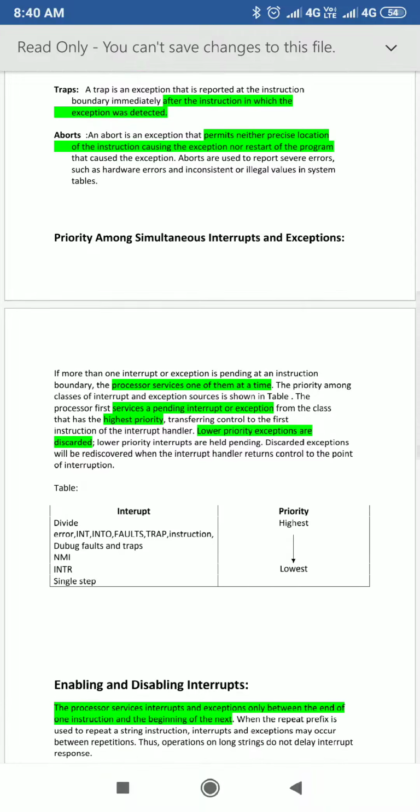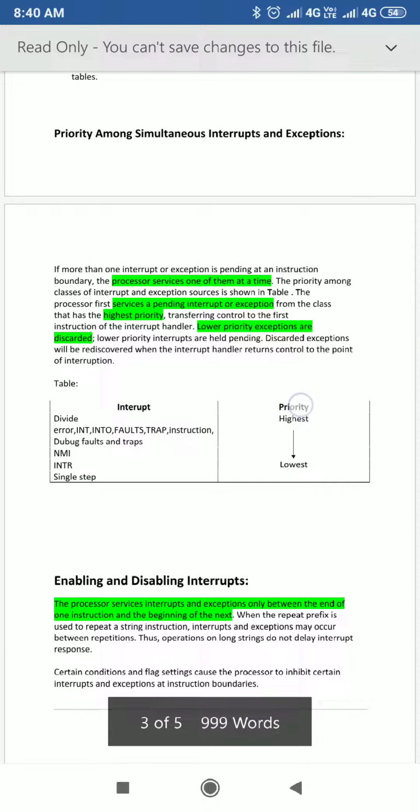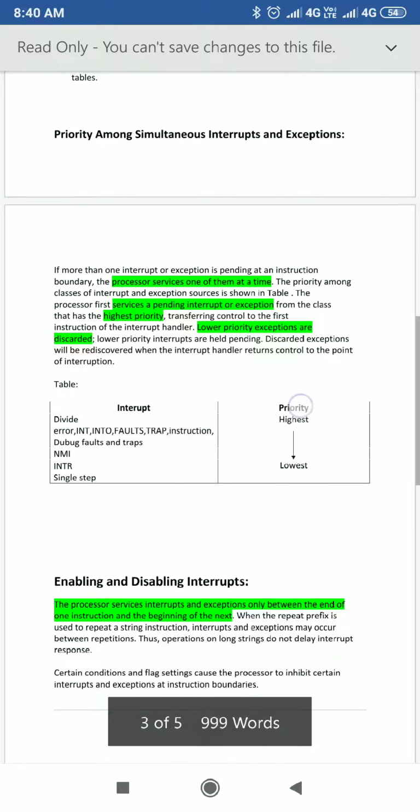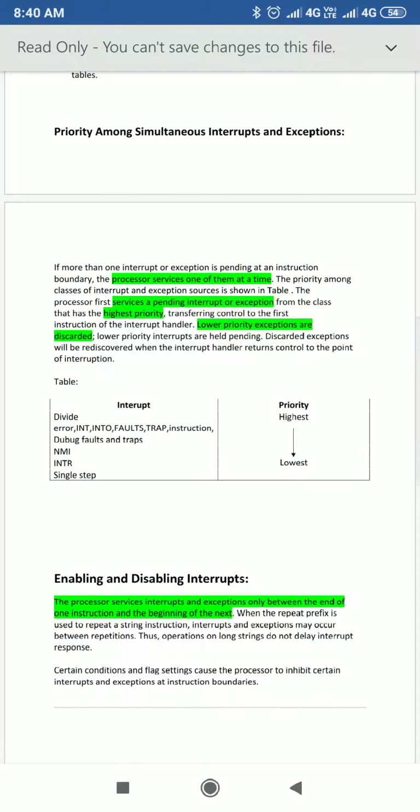So, moving forward, our next point is priority among simultaneous interrupts and exceptions. Now, what if two or more interrupts occur at the same time? How will the processor serve them? This is the question.